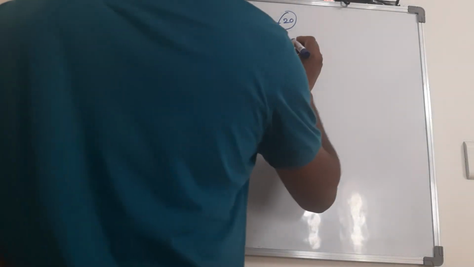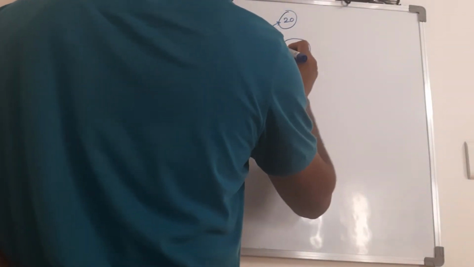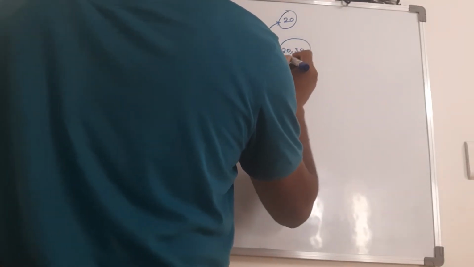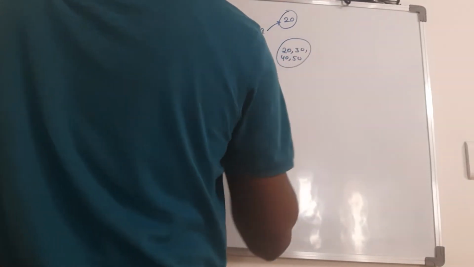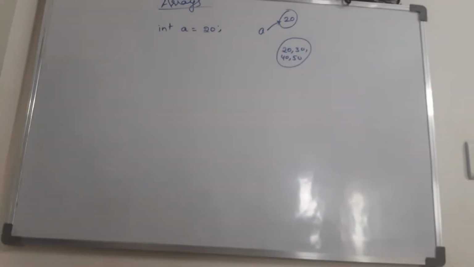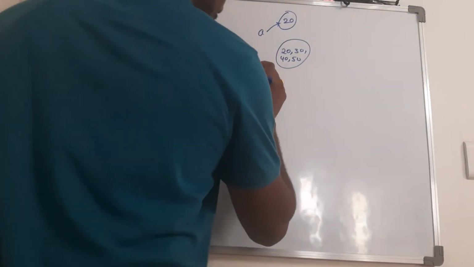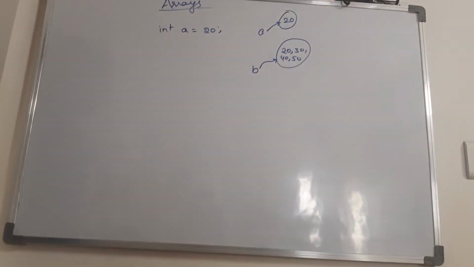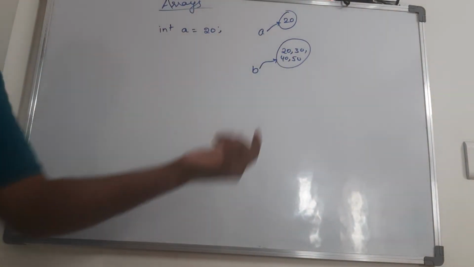Now I want to create a memory with multiple values: 20, 30, 40, 50. I want one variable to refer to all the values.